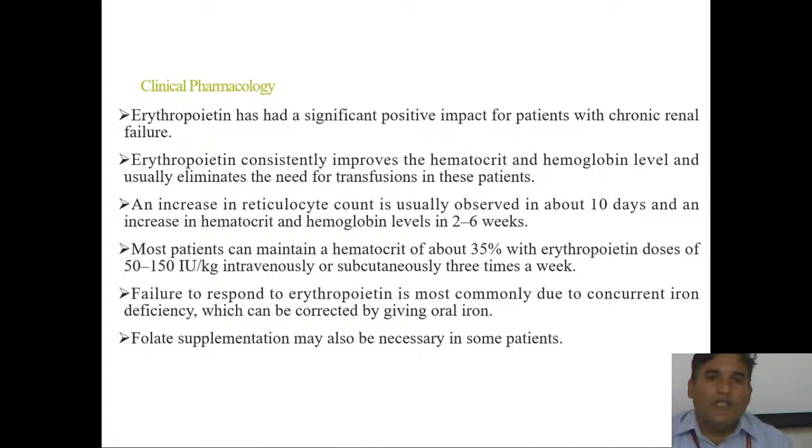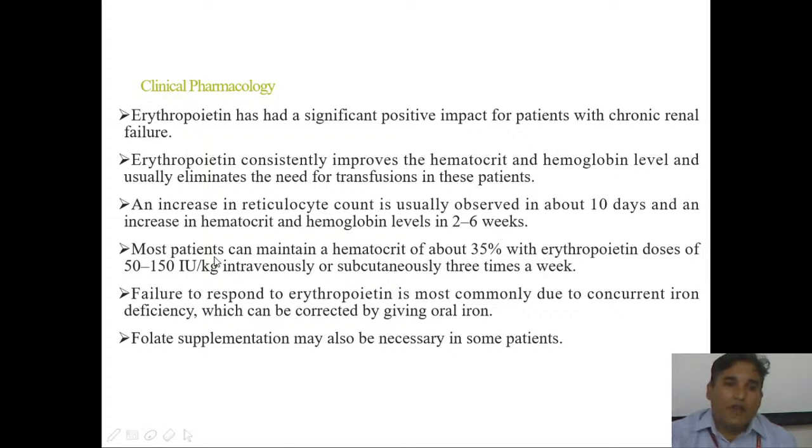Erythropoietin has a significant positive impact for patients with chronic renal failure, consistently improving the hematocrit and hemoglobin level. An increase in reticulocytes is observed within 10 days, and hematocrit and hemoglobin rise in about 2 to 4 weeks.